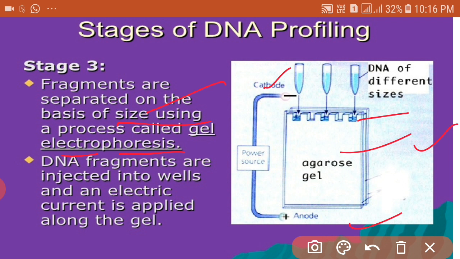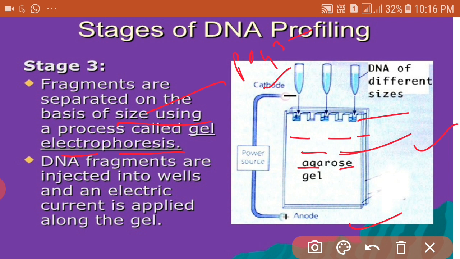DNA has a negative charge due to the phosphates. So when electric current is passed, the DNA fragments start moving on the agarose gel.